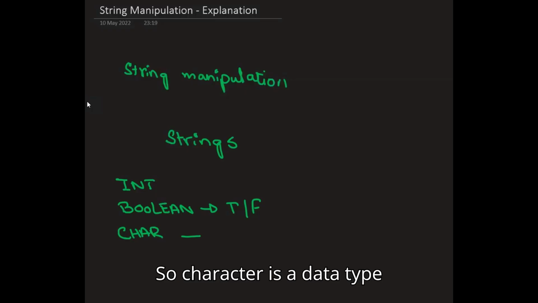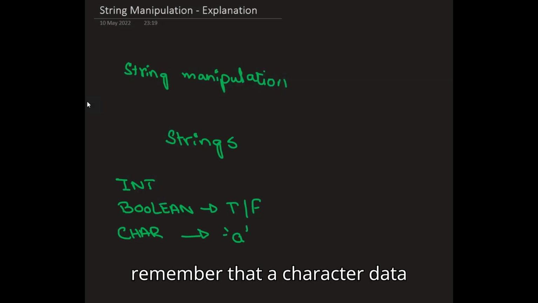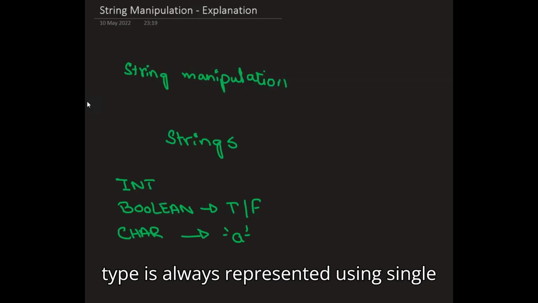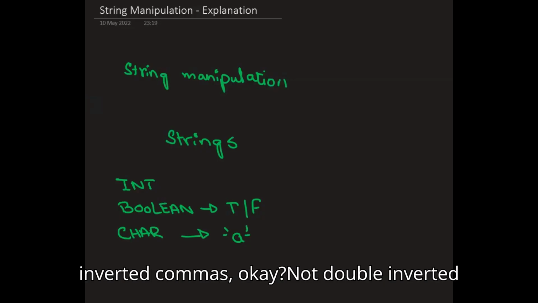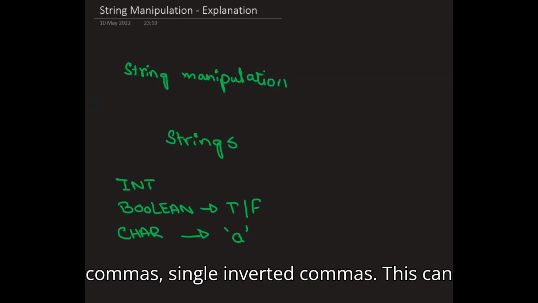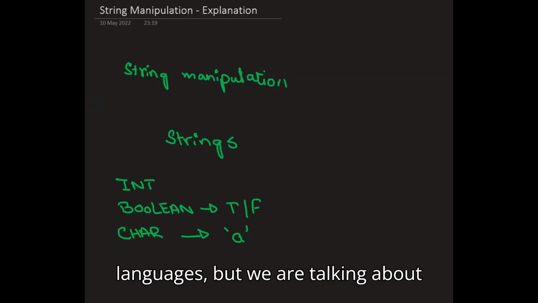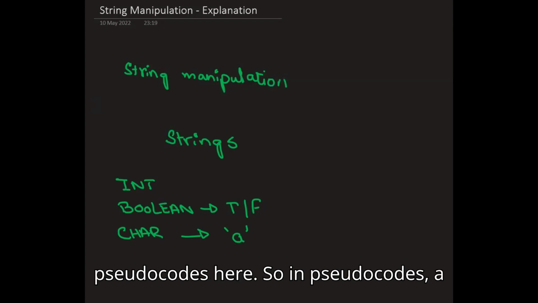Character is a data type that can only hold one character. Always remember that a character data type is represented using single inverted commas, not double inverted commas. This can be different for different programming languages, but we are talking about pseudocode here.